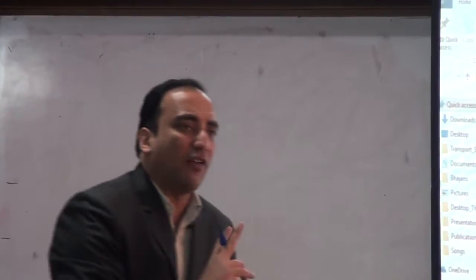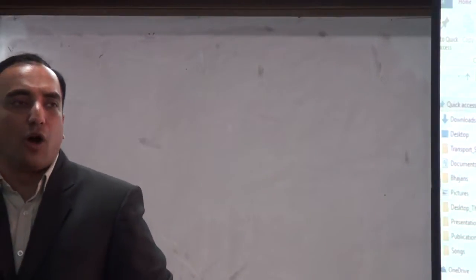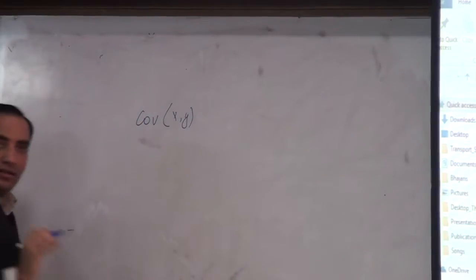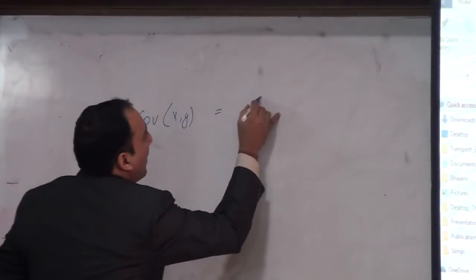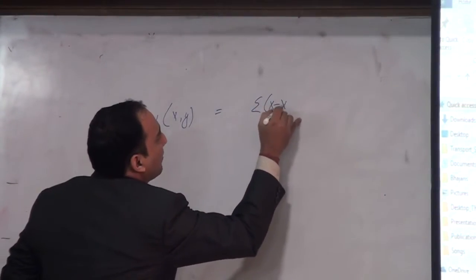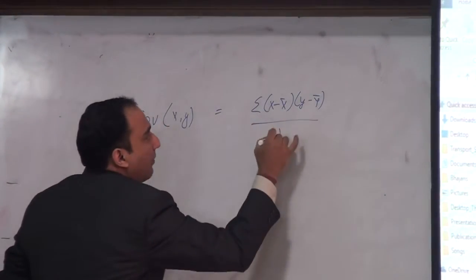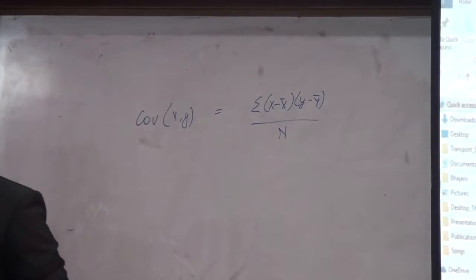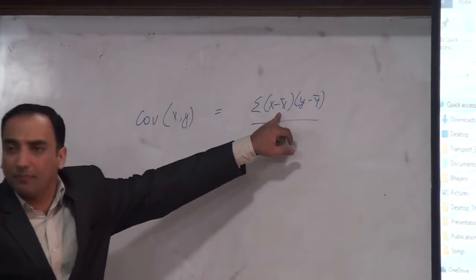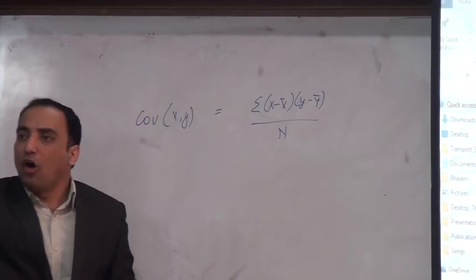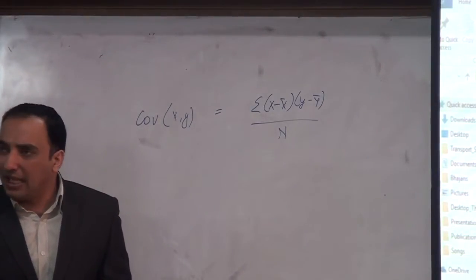So how much they are varying with one another, if we have to quantify it, there is a formula called covariance. Covariance of x and y is nothing but summation x minus mean x into y minus mean y, whole divided by n. So what I am doing, I am differencing x from its mean and also differencing y from its mean, and multiplying all the individual numbers.